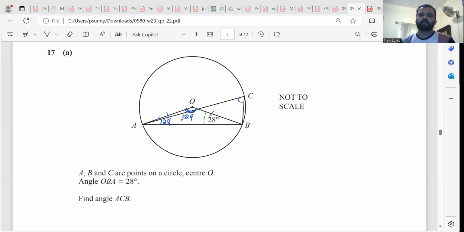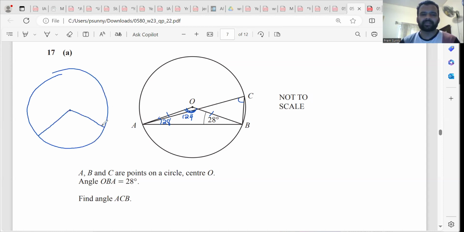Now we have studied a property in circle theorem: the angle formed at the center will be two times the angle formed at the circumference. So if the angle formed at the circumference is x, the angle formed at the center will be 2x.